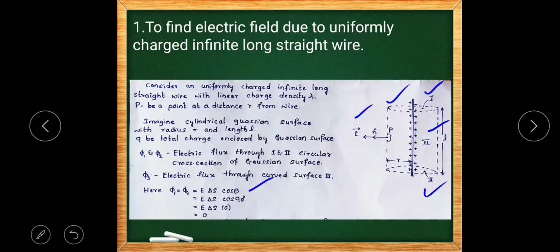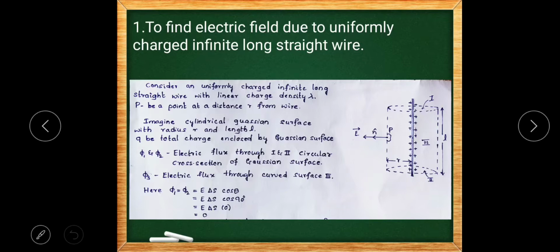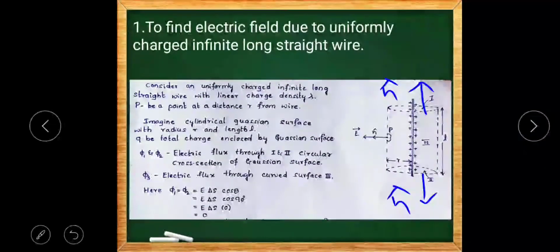For the first surface this is the direction of n cap, and for the second surface this is the direction of n cap. Got the point?